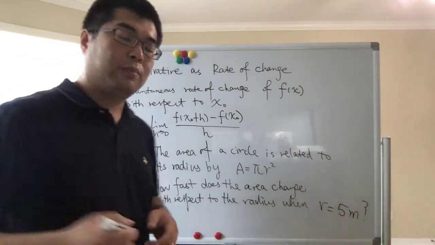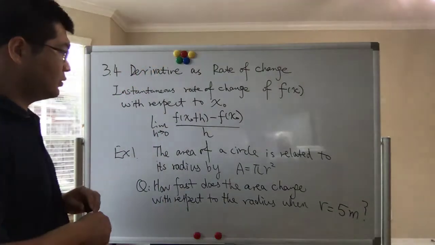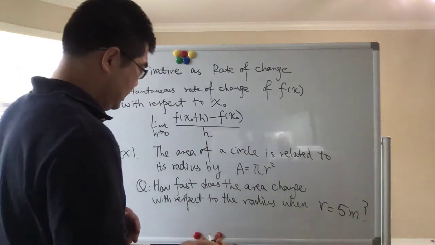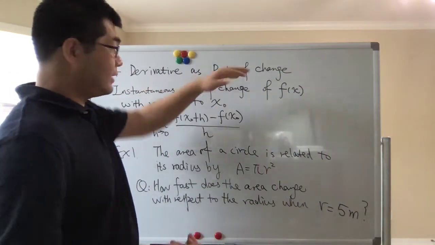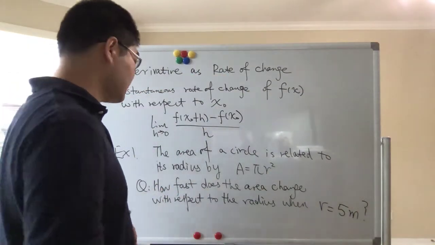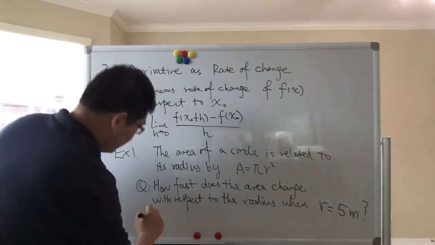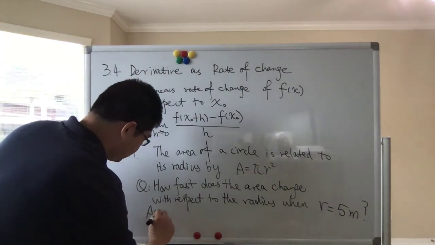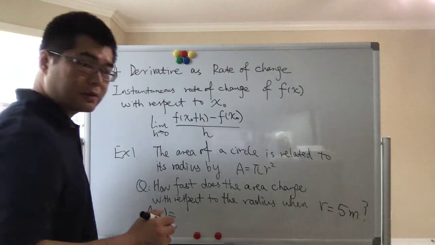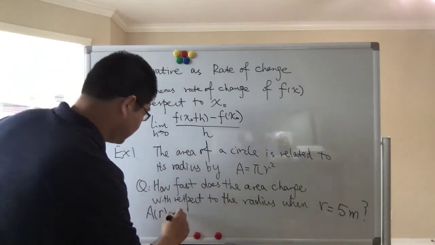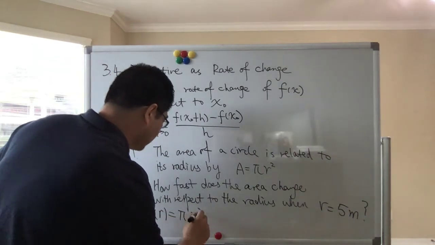Actually, this problem we can handle using the derivative as rate of change, the instantaneous rate of change. So we know that area is a function of the radius, so A = pi r squared.